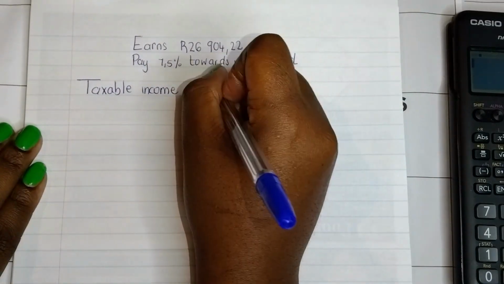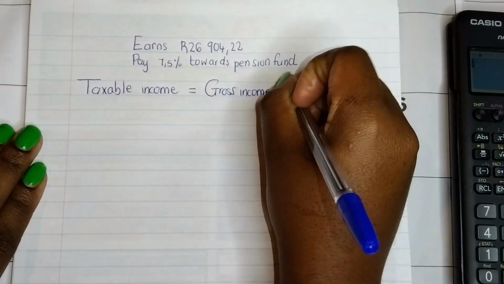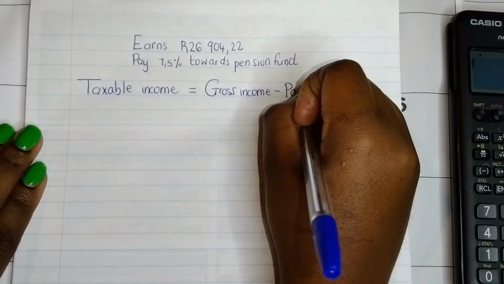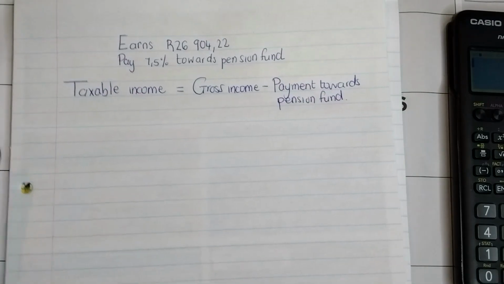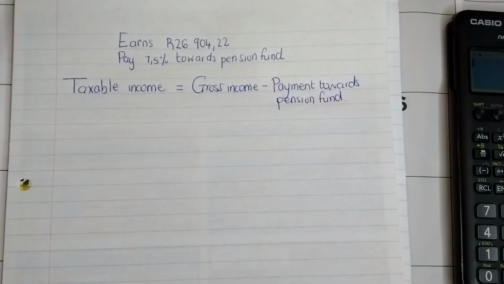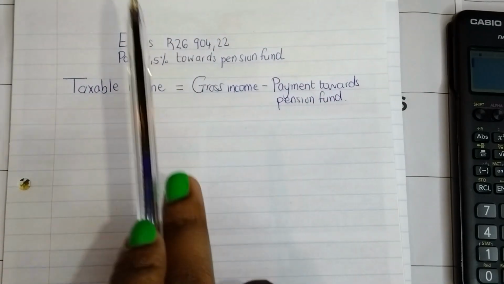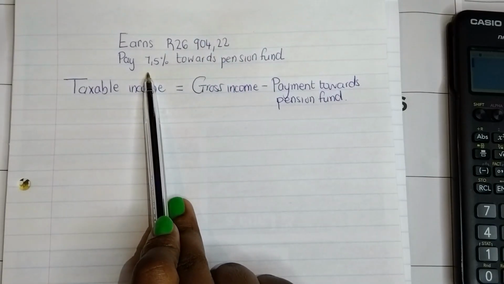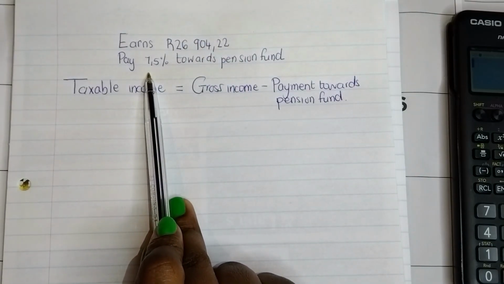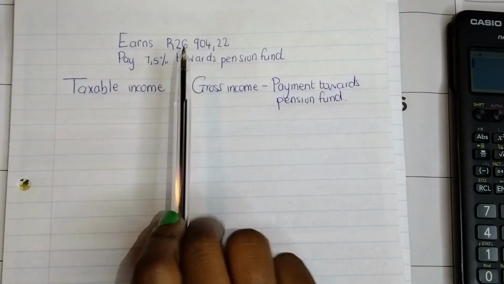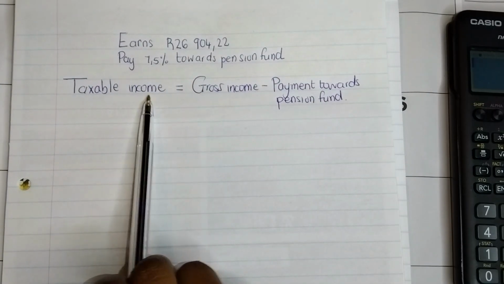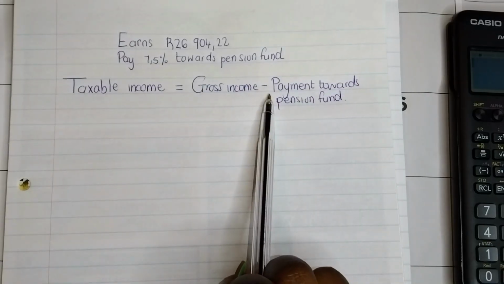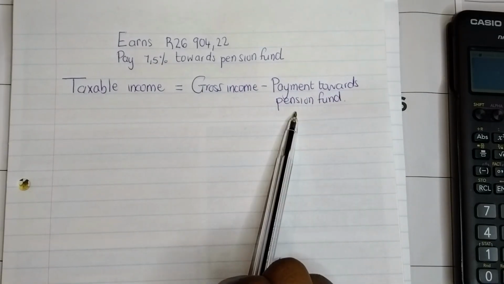So that is the take from that whole paragraph. She earns that amount, she pays 7.5% of her salary towards her pension fund, and taxable income is equal to gross income minus the payments towards the pension fund.